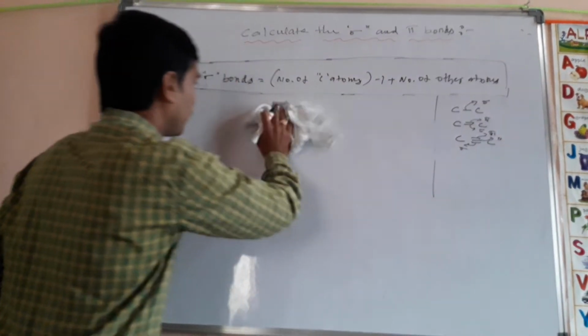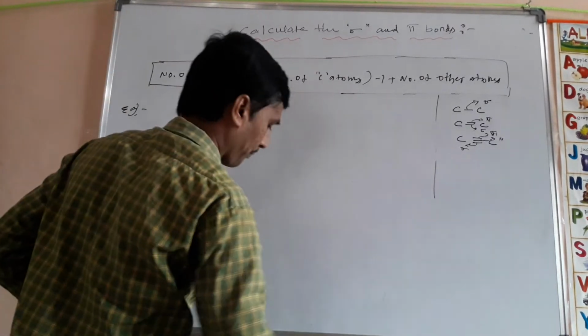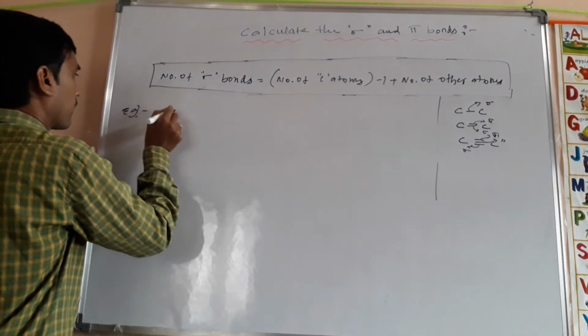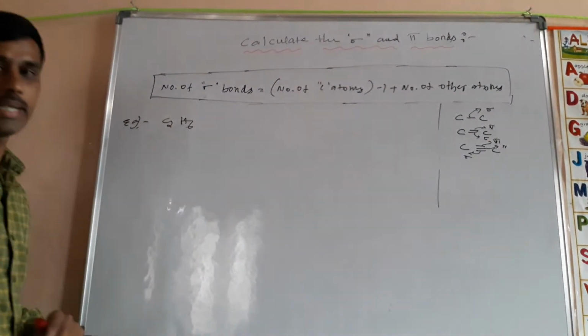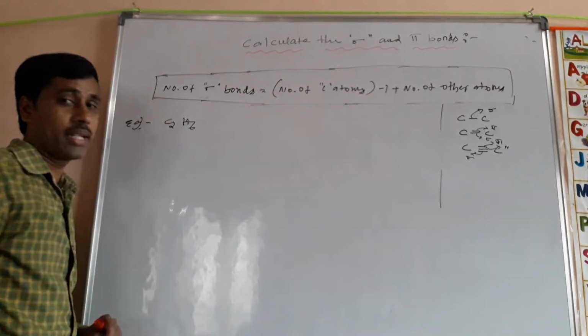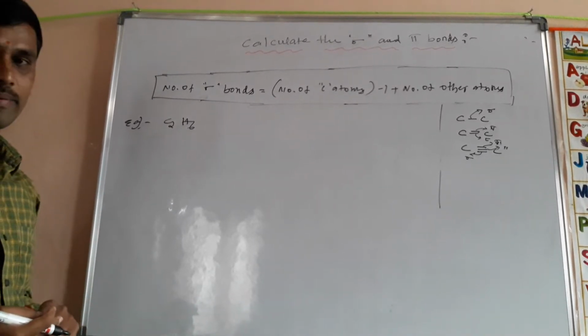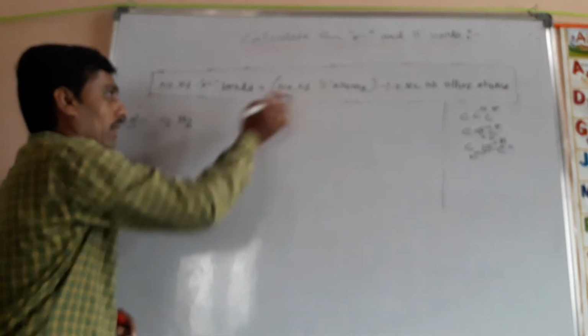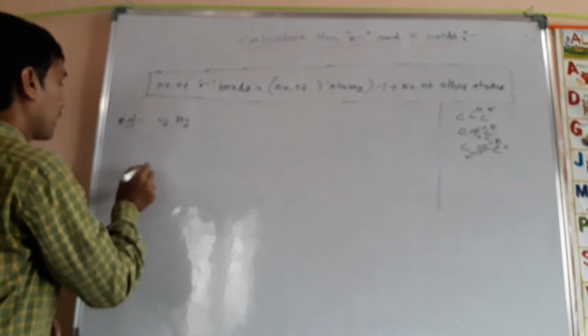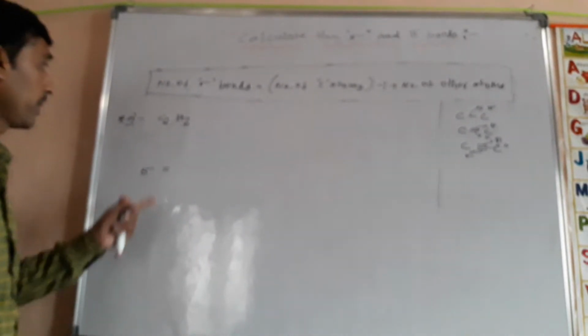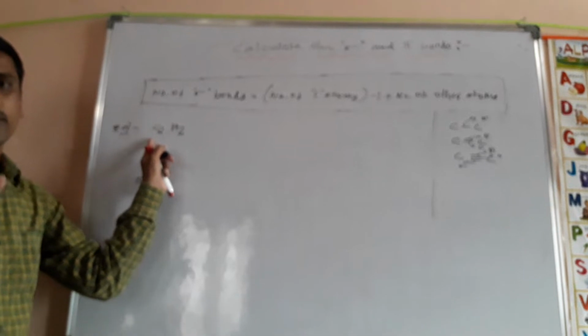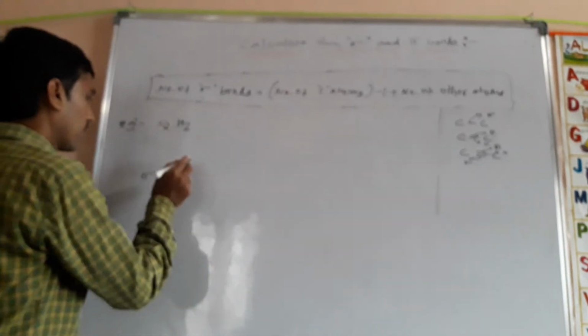Another example, C2H6. In this molecule, how many sigma bonds and how many pi bonds are there? We find it using this formula. Sigma bonds equal the number of carbon atoms; 2 carbon atoms are there, right?